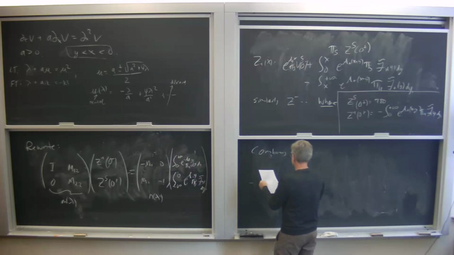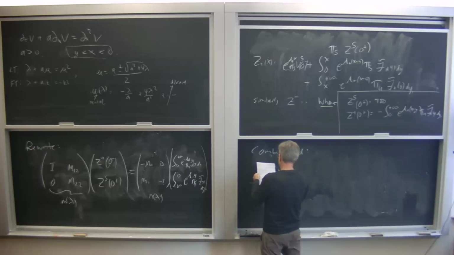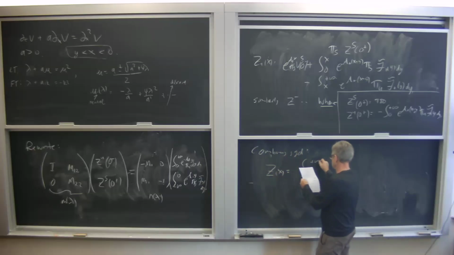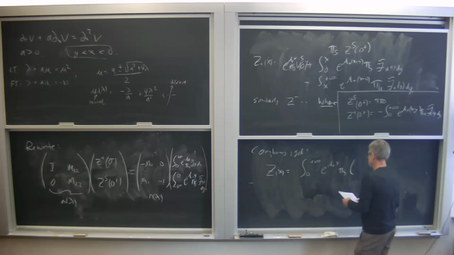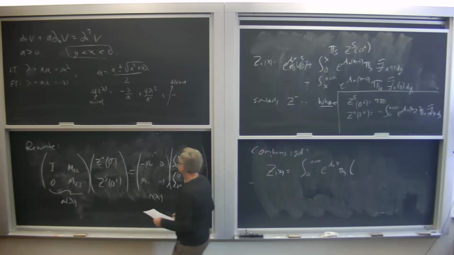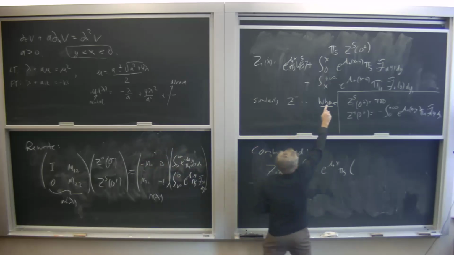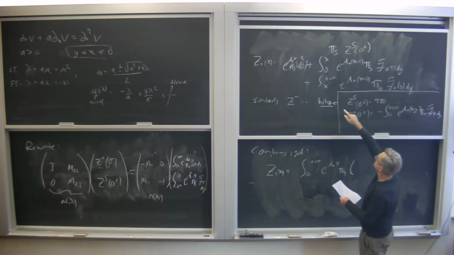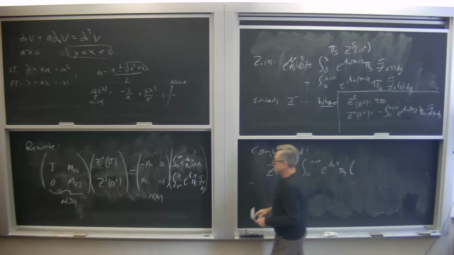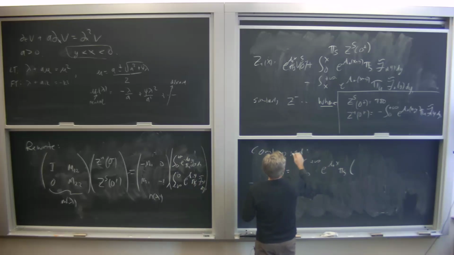I get the following: z of x is equal to the integral from 0 to plus infinity of e to the a plus x pi s applied to, okay, what am I doing? I'm plugging in the first term, e to the a plus x pi s, but it's applied to z of 0 plus. Sorry, I switched around, why did I write v?